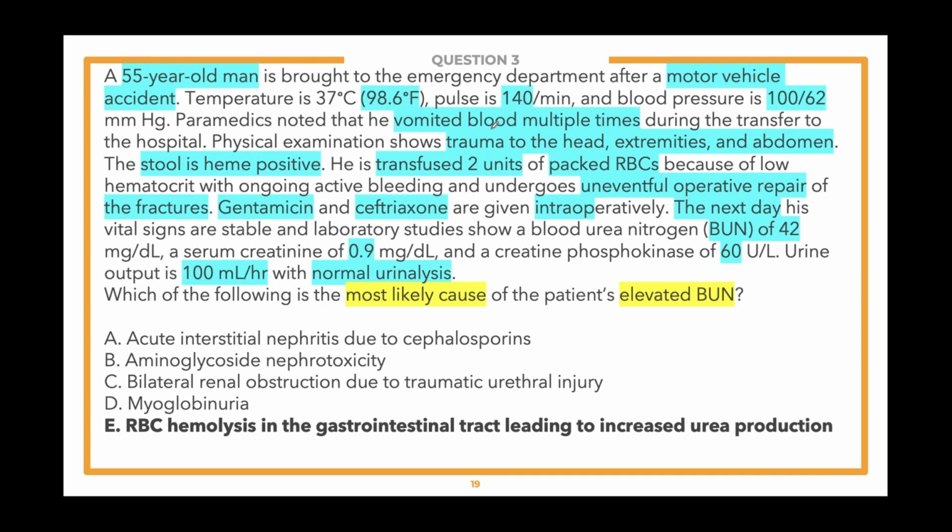Now we know that this patient is bleeding from in the GI tract. The stool is heme positive, okay? So what can happen is those red blood cells can get broken down in the GI tract. And some of the metabolites include urea being produced as a result that then gets absorbed, okay?